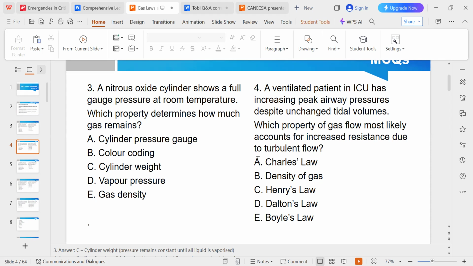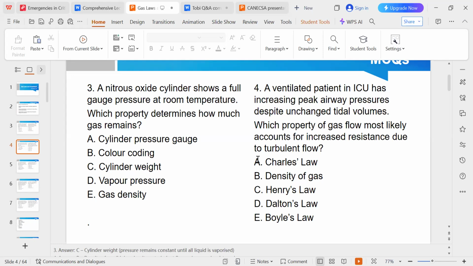Why did you choose C? For nitrous oxide, Prof, the only way you can get how much nitrous oxide is left inside is by weighing the cylinder. You can't use the gauge pressure. Yeah, correct. All right. Why?